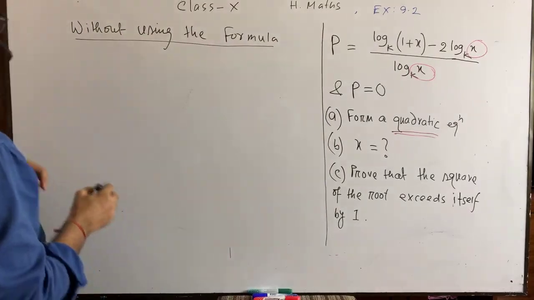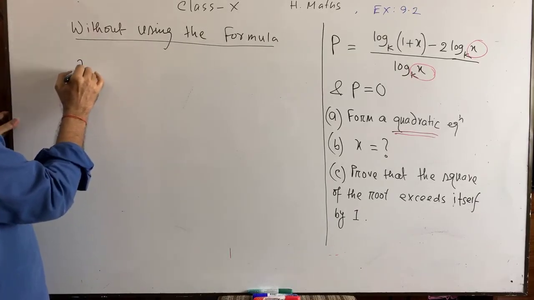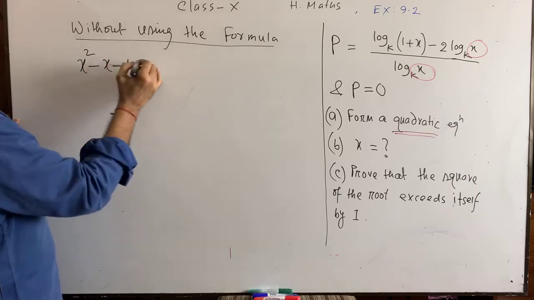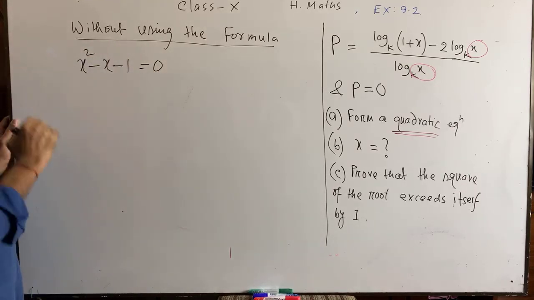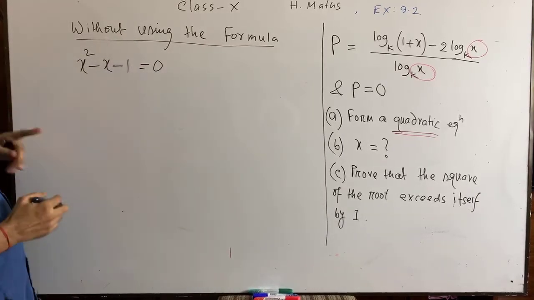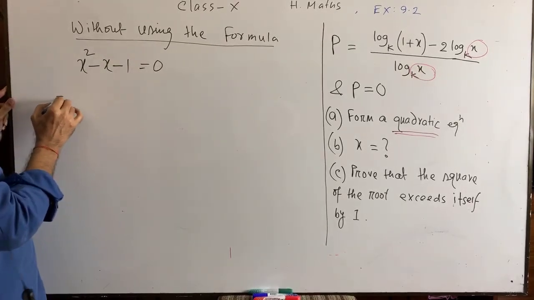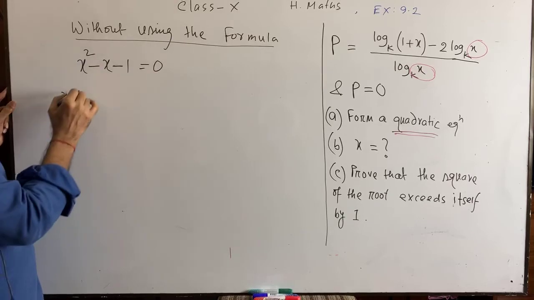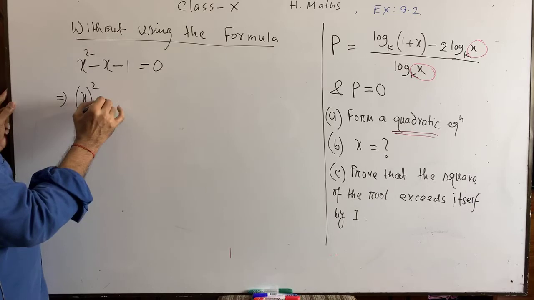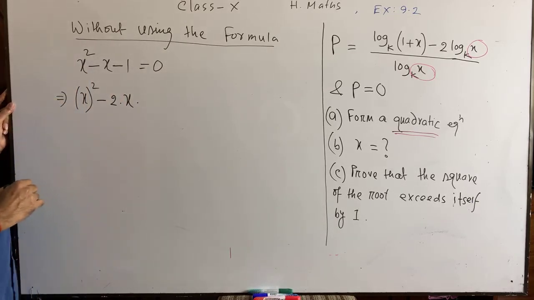You see, suppose you are told that x square minus x minus 1 is equal to 0. In this question, I will not use the formula, I mean the quadratic formula. Then it can be written a square minus 2ab.